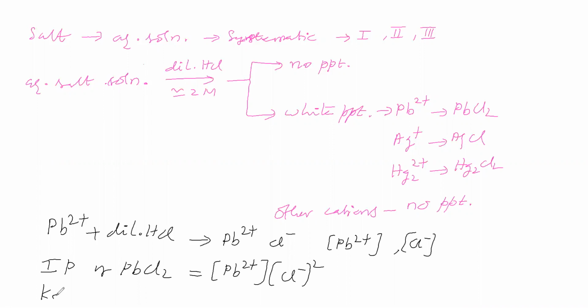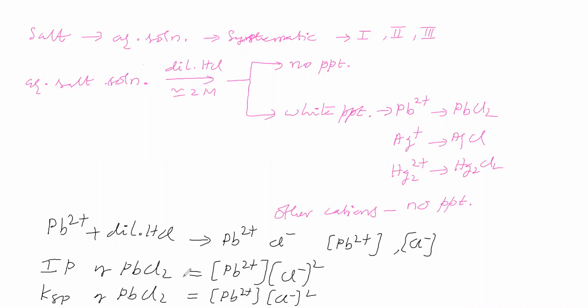Then the solubility product of PbCl2 is equal to the concentration of lead ion times the concentration of Cl- ion to the power 2. What is the difference between solubility product and ionic product?